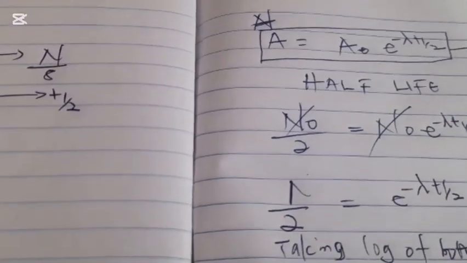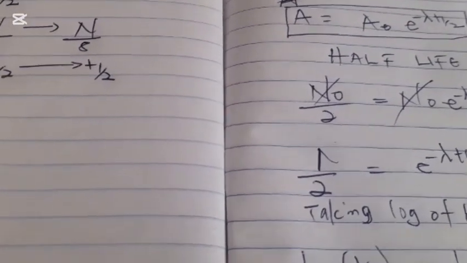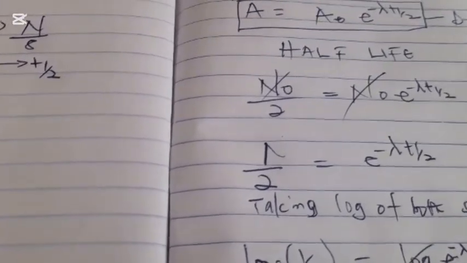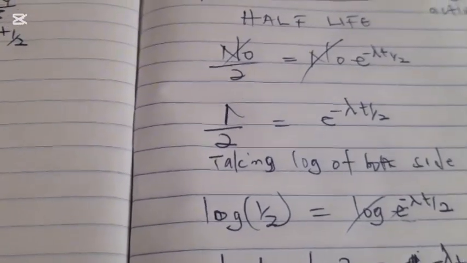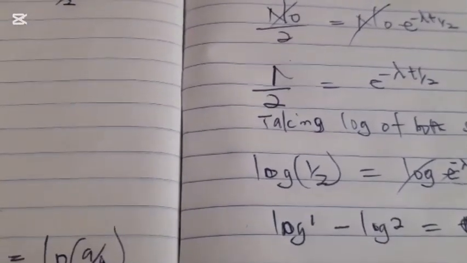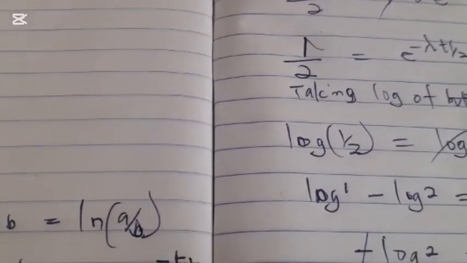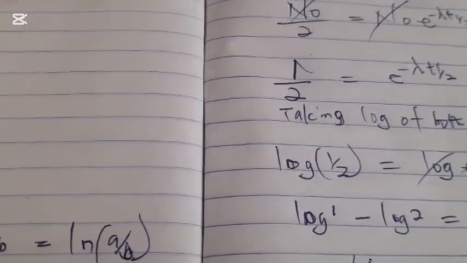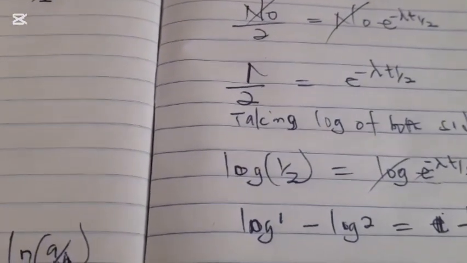Then taking the logarithm of both sides, we have log of 1/2 is equal to log of e exponent minus lambda t half. As we have learned in the laws of logarithm, log 1 to any base is equal to 0. Therefore we have log 1 minus log 2 is equal to minus lambda t half.